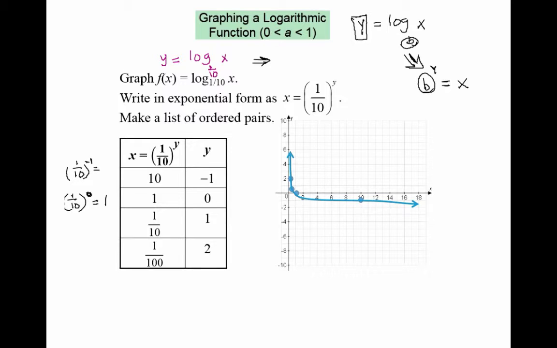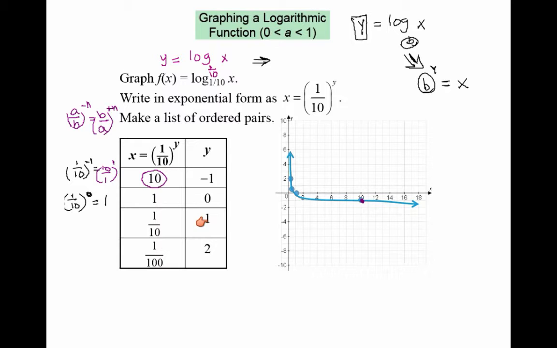If I want to make that exponent positive, if I have a over b to the power of minus n, that's the same as b over a to the power of plus n. So here I would get 10 over 1 to the power of 1, which is the same as 10. So as I decrease the value of y, the value of x increases.